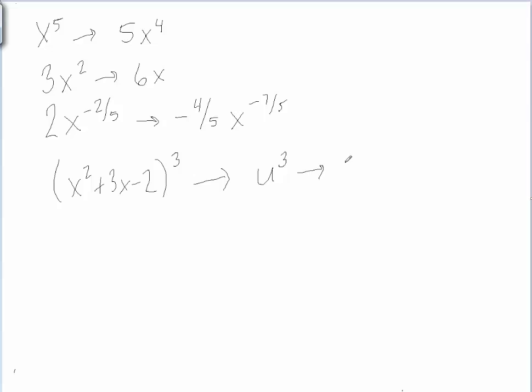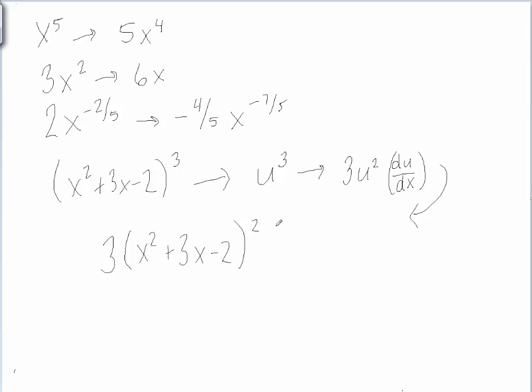So it will be 3u squared, and then times the derivative of u with respect to x, which basically means this expression to the third is simply 3 times this to the second times the derivative of the expression.